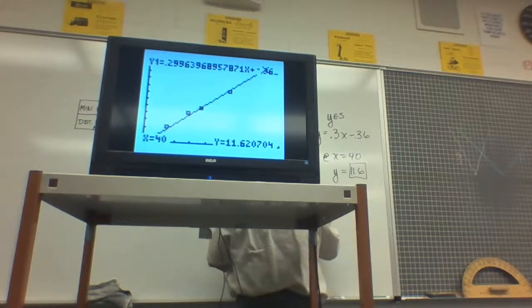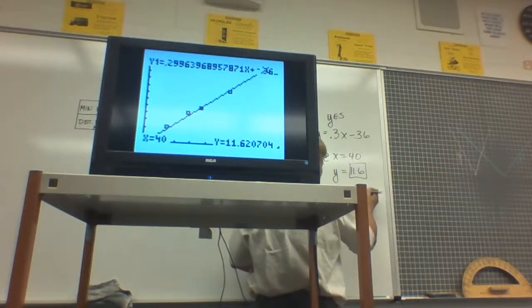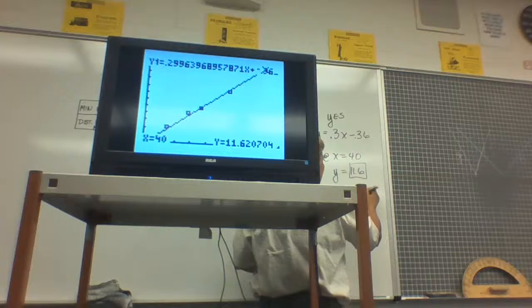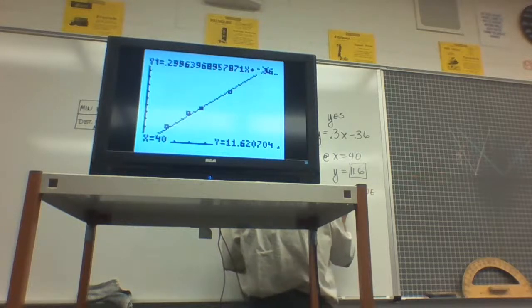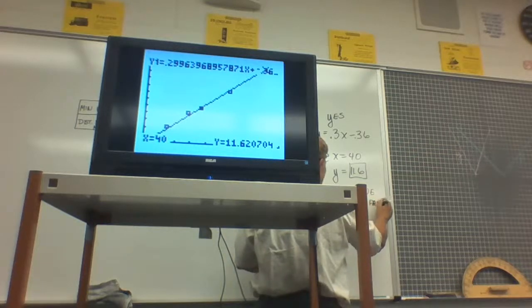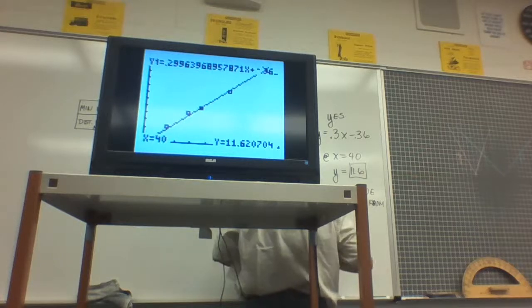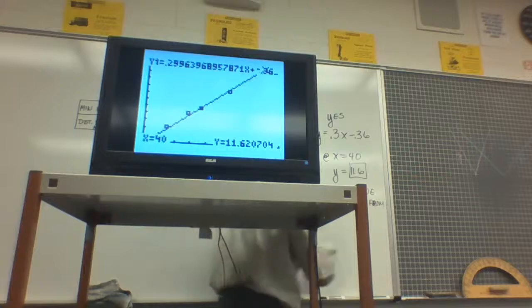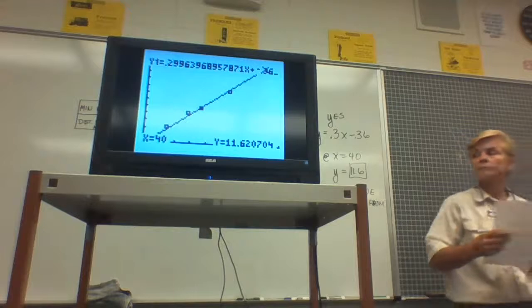You would say, after 40 minutes, I am, or you are, or we are, however you want to write it, 11.6 miles from home. And that's what I mean by the number, and you have to explain it in the context of the problem based on the labels for your data.